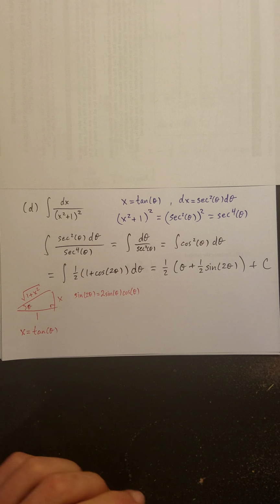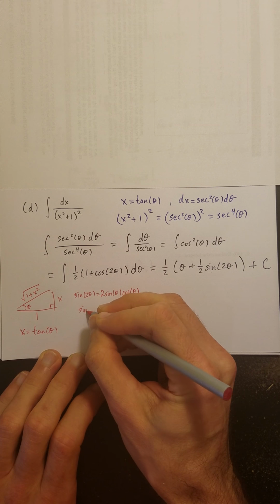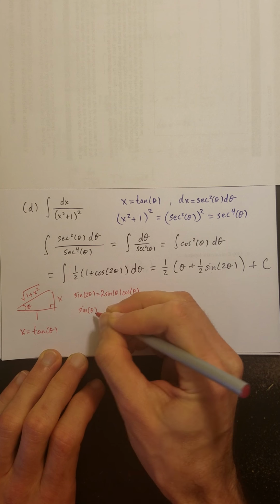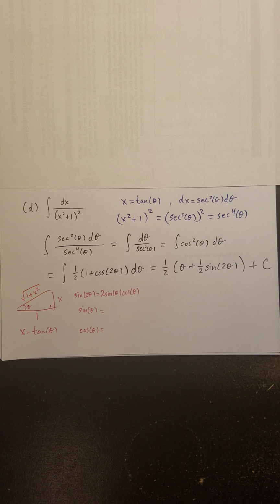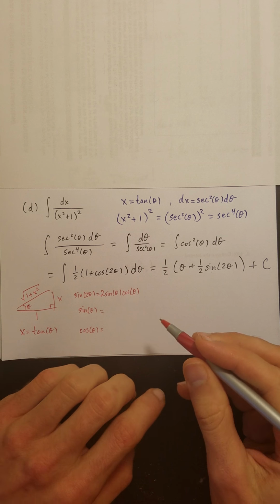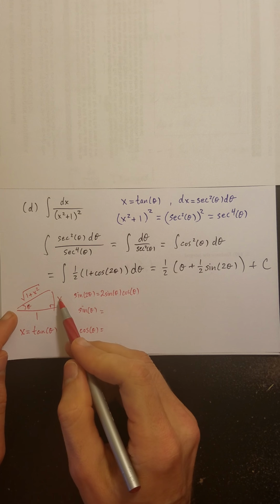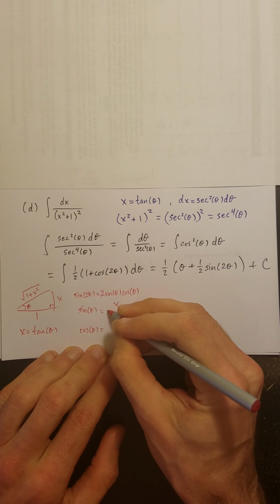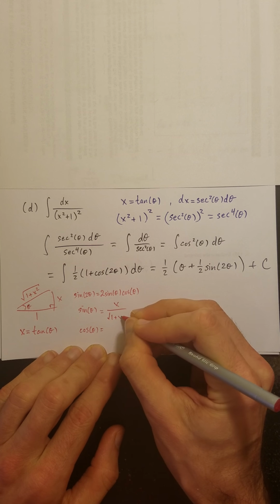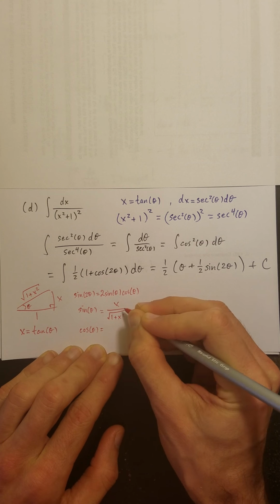Let's write down what sine theta is, and what cosine theta is, and then we'll put everything back into our formula. Sine theta is opposite over hypotenuse, so this is x over square root of 1 plus x squared. And cosine is adjacent over hypotenuse, so this is 1 over square root of 1 plus x squared. That does it for figuring out everything from our triangle.